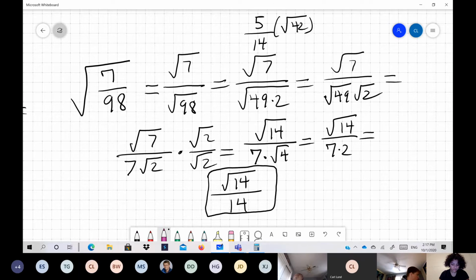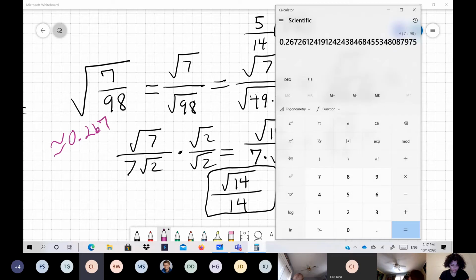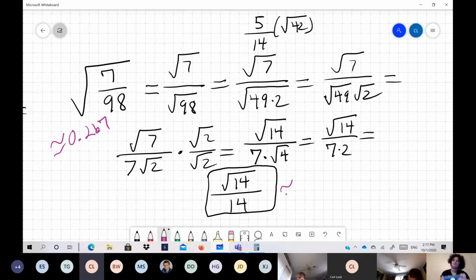Now I'm going to do the same thing over here. I'm going to take the square root of 14 and divide that by 14. And I get, again, approximately 0.267, luckily.